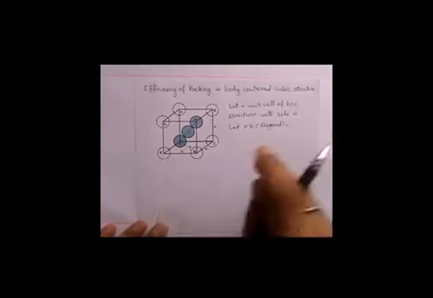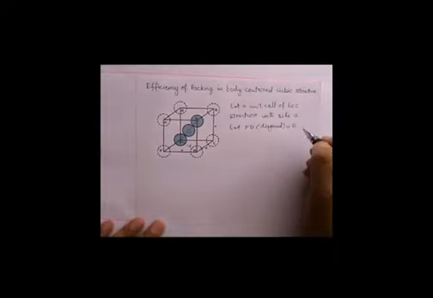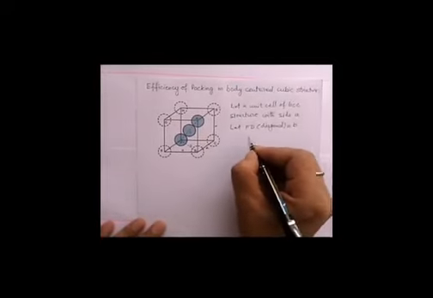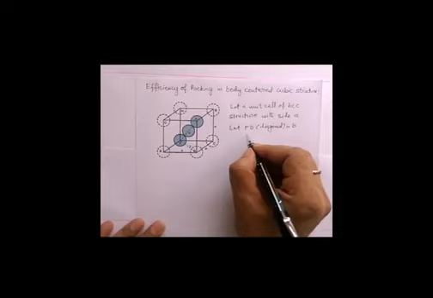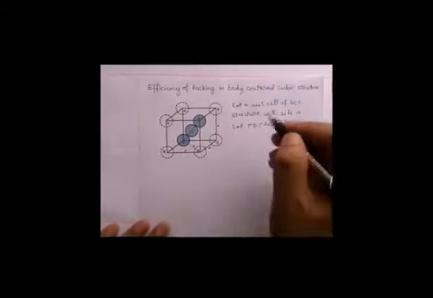Take it to be B. The other diagonal is AF, this one.